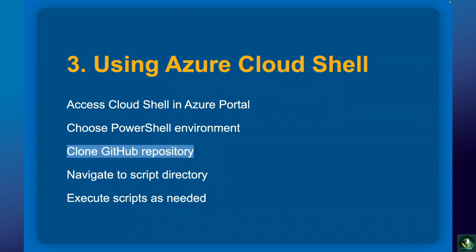Then when the remote repository is cloned to your Azure portal, you can navigate to this repository with cd command, for example, or set location command. It's a native PowerShell command. And of course, then you can execute the script as needed. You do this with dot slash and the name of the script. But in our case, we just start typing the name of the script and hit tab to autocomplete.